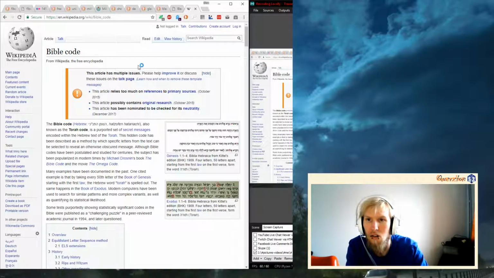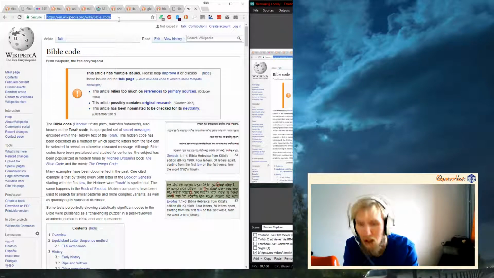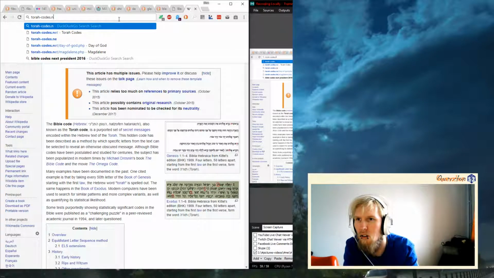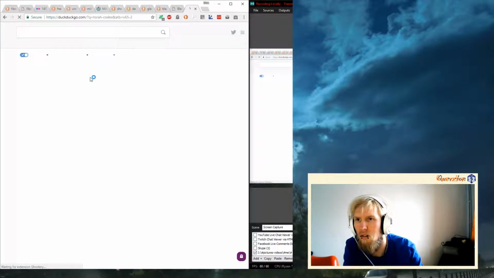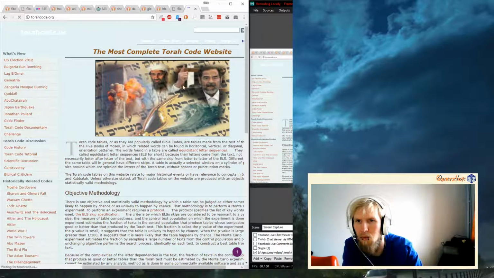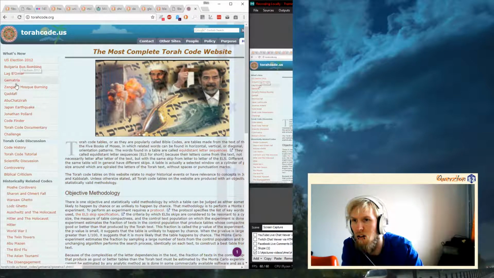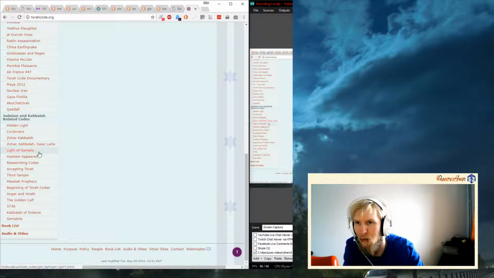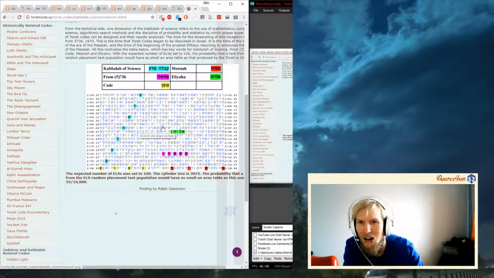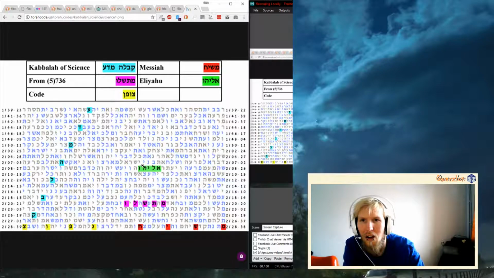And then we have the Torah codes. So we have codes upon codes upon codes. People can read about anything.